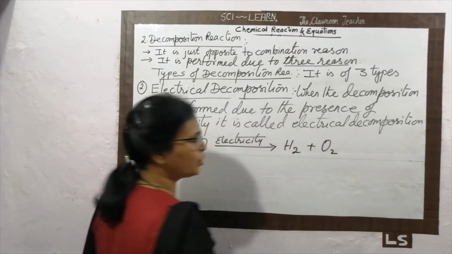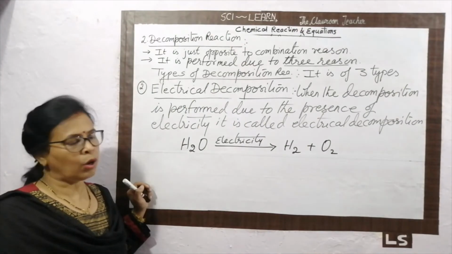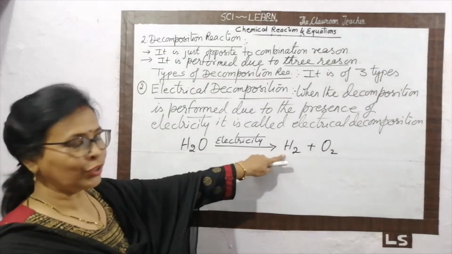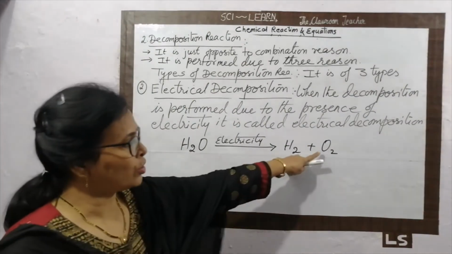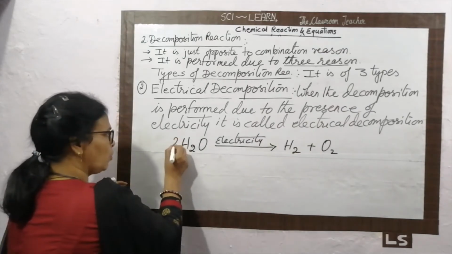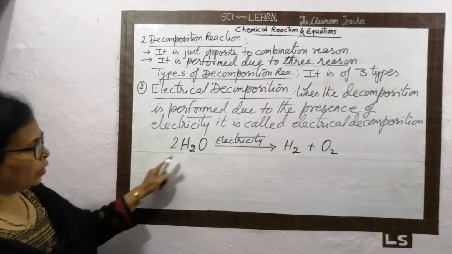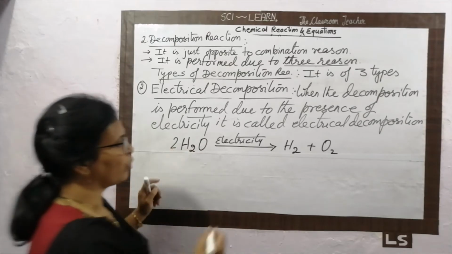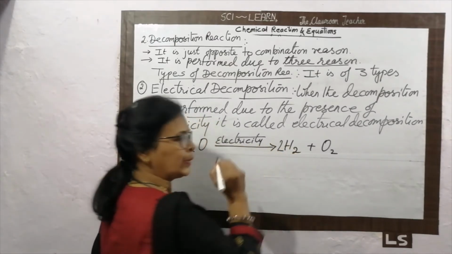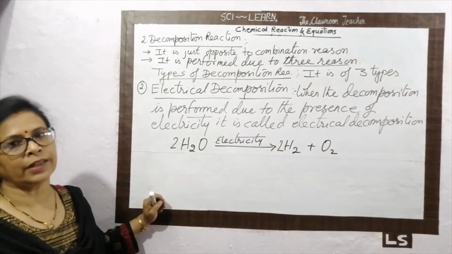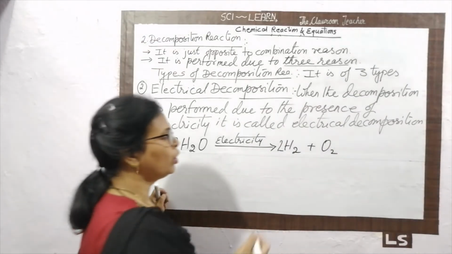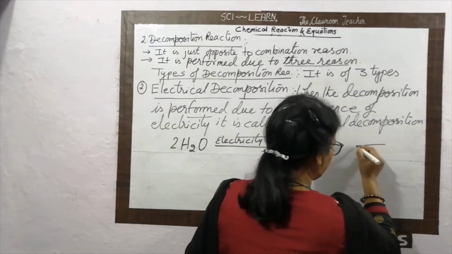What is actually the combination of two gases, hydrogen and oxygen? Here the number of H is 2, here also the number is 2, but here oxygen is 2, but here oxygen is only 1, so we have to put 2 here. Now oxygen is 2, but hydrogen is 4, so we have to put 2 here also. This is the example for the electrical decomposition. As I told you, you already studied in class 8.